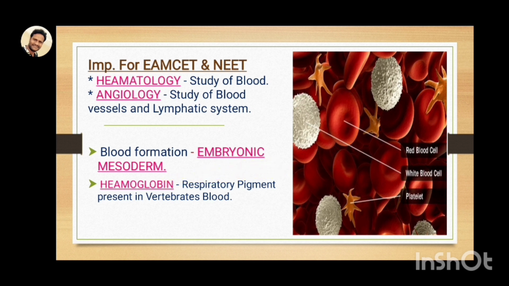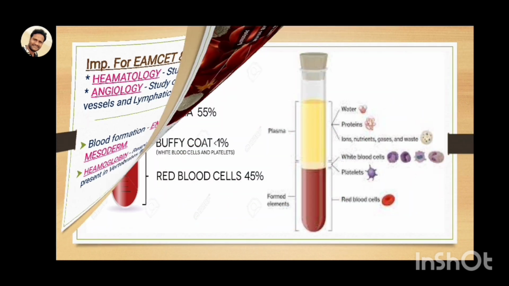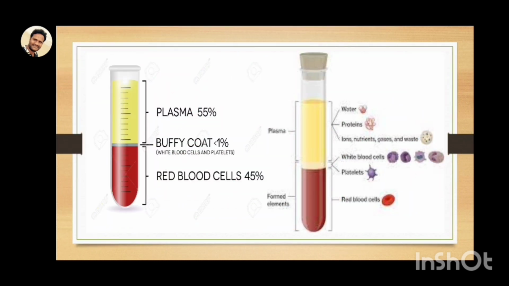Next, why is blood reddish in color? A respiratory pigment is present, called hemoglobin. Blood composition: when we take blood in a test tube after centrifugation, two distinct regions are seen. The blood cells occupy the bottom, about 45%, the red blood cells.